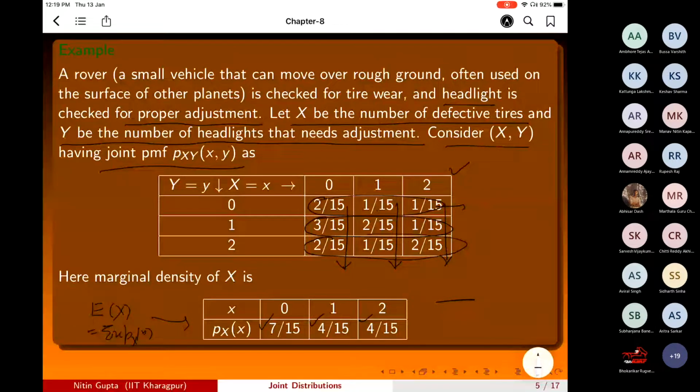And if you want the expected value of XY, you take the double summation of xy P(x, y). That means you multiply 0 into 0 times 2/15, plus 0 into 1 times 1/15, 0 into 2 times 1/15, 1 into 0 times 3/15, plus 1 into 1 times 2/15, plus 1 into 2 times 1/15, and so on. In this fashion you can find the expected value of XY also.